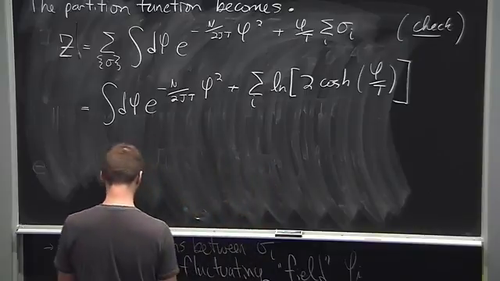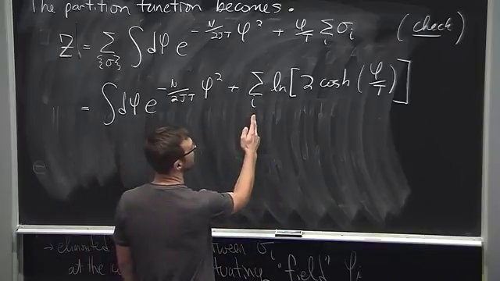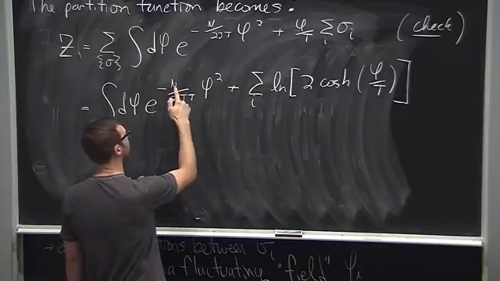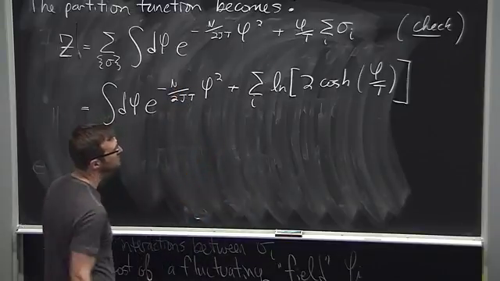Double check everything here. That sum just gives you a factor of N. You get an N in front and an N here.